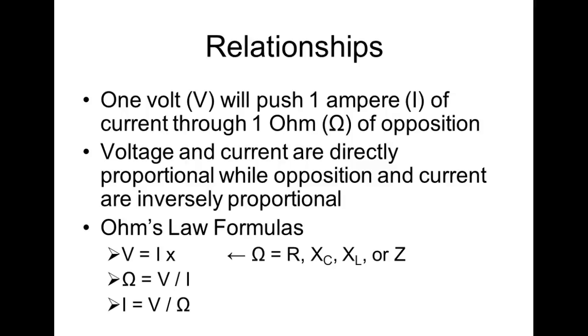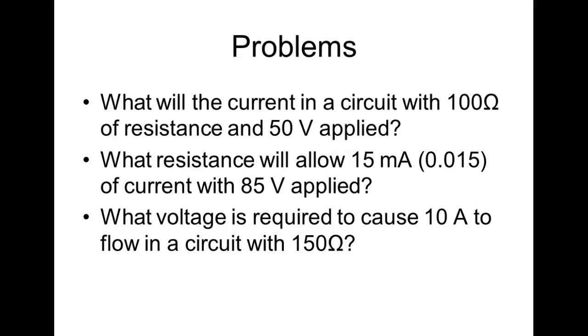Now, all opposition to a flow of current in a circuit uses the unit called ohms. So this is true Ohm's law right there. So you learned that V is equal to I times R. It's actually V is equal to I times ohms. Because in a circuit, you have different types of opposition in the circuit. And we'll talk about that before long. And we went through some problems.